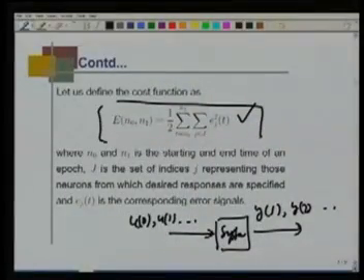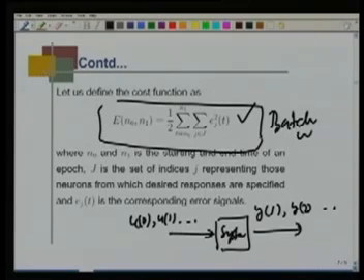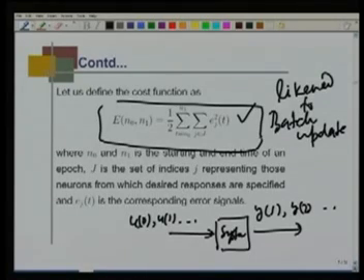Over the total batch, for example, I have 200 sequences of input output data. So, over those data pairs we define the cost function. This is not exactly batch update, but it can be likened to batch update, because that is how back propagation through time works.